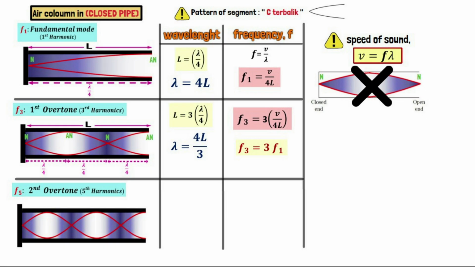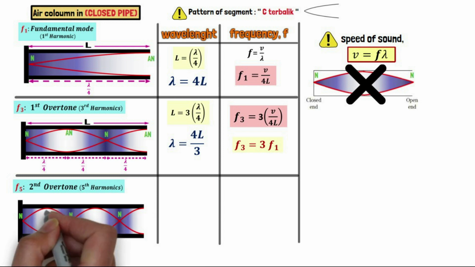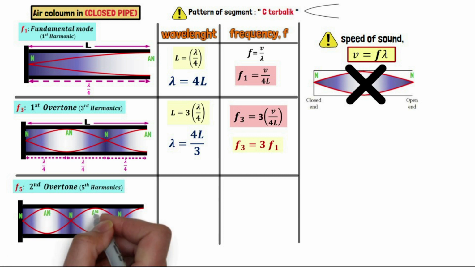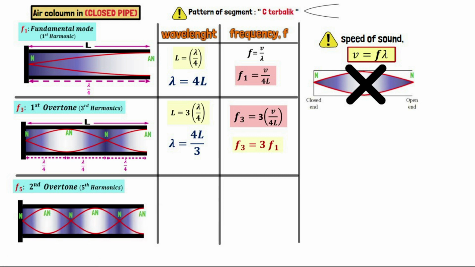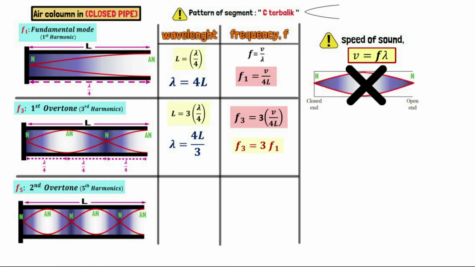Jadi bila kita lukis 5 kali C pattern, alright, so kita boleh nampak dekat sini, at the open side of the pipe, kita dapat anti-note. Bukan note. Dia mesti di hujung pipe yang terbuka itu, pattern of the wave mesti mulutnya terbuka, iaitu anti-note. Alright.